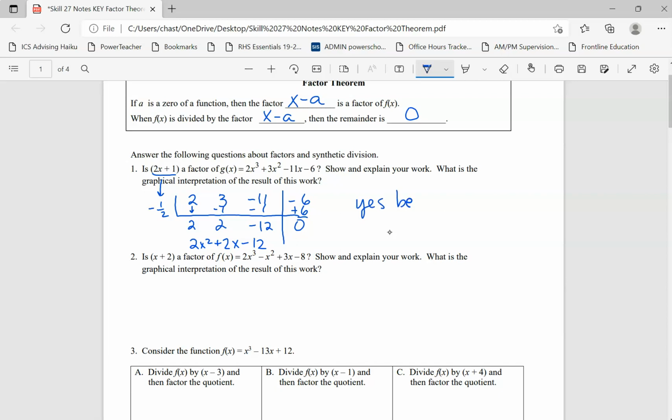Yes, because the remainder is 0. The graphical interpretation of the result of this work means that x equals negative 1/2 is an x-intercept of the polynomial. Let me put that, of g of x.